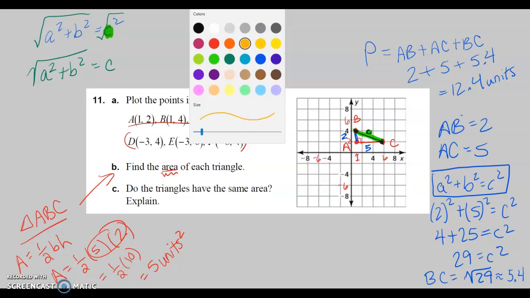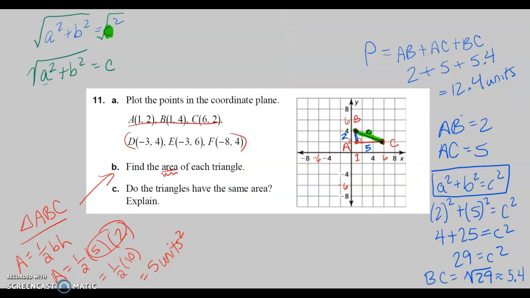So, how do I find a? Well, I will take the y coordinates, because it is a vertical segment. I will take the y coordinates of A and B, and I would subtract them.